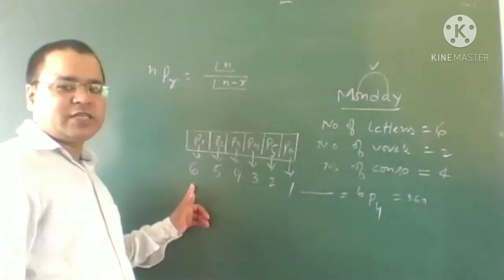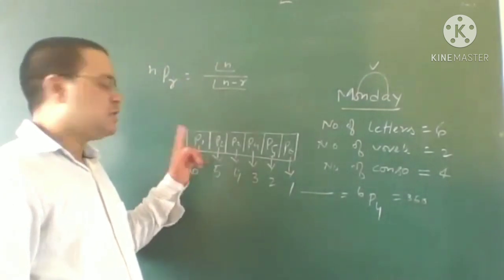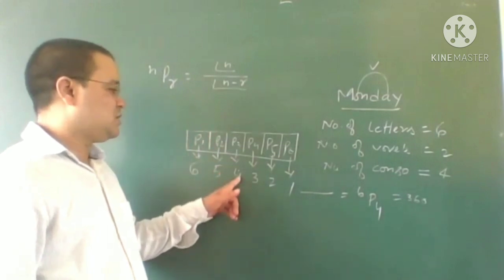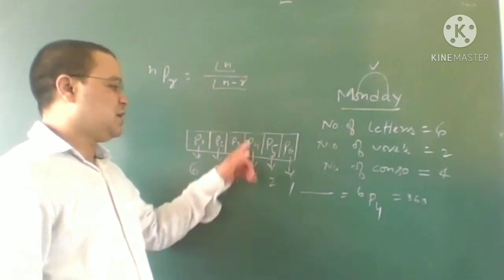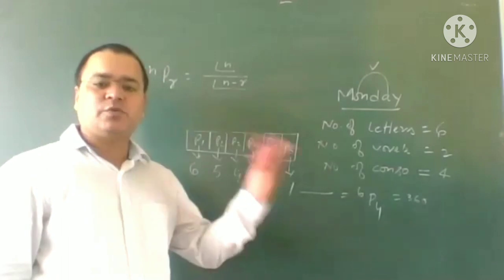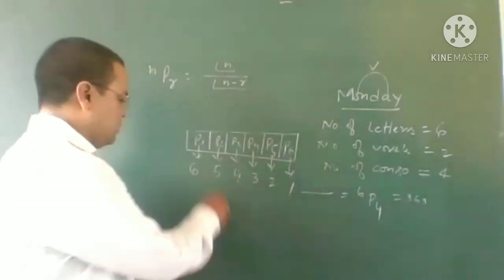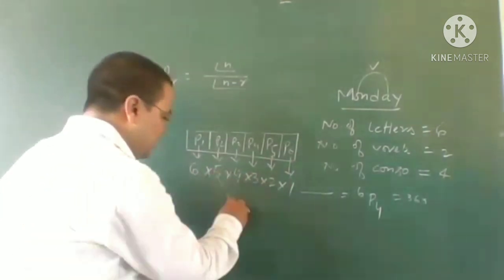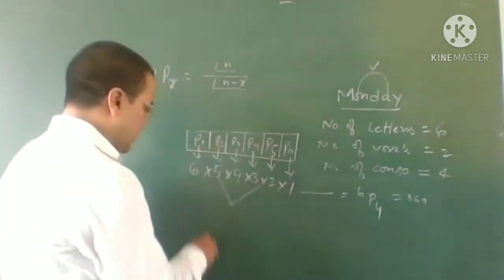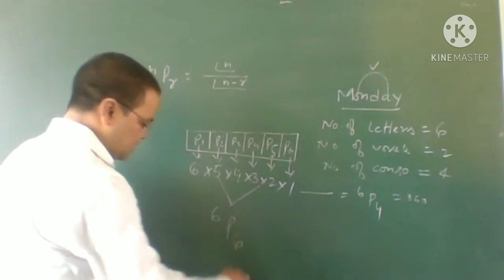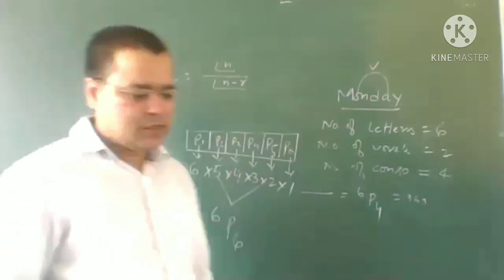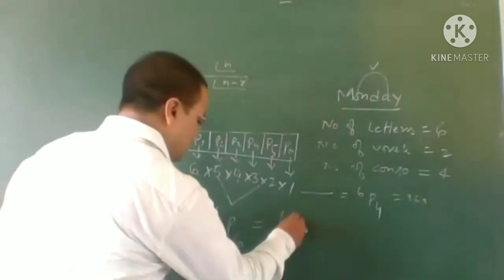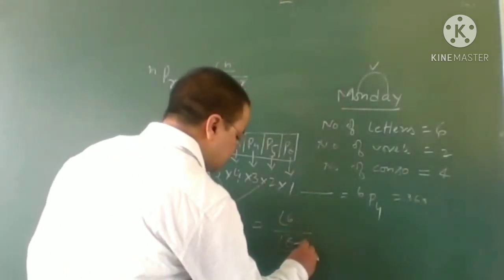There are 6 choices to fill the first place, 5 choices to fill the second place, 4 choices to fill the third place, and similarly in this way the total number of choices will be multiplied. In permutation, we simply write 6P6. And 6P6 means factorial 6 upon factorial (6 minus 6).